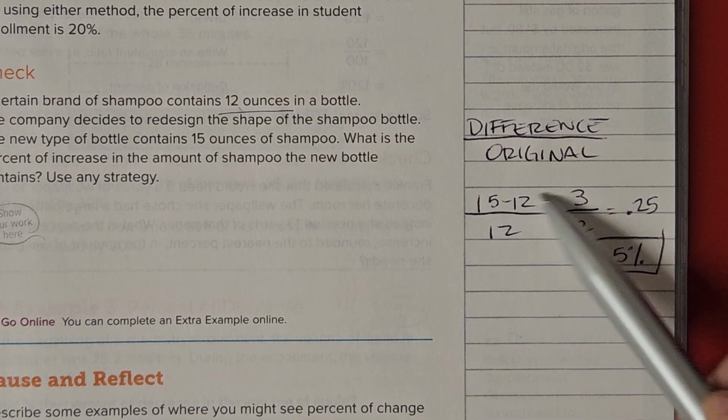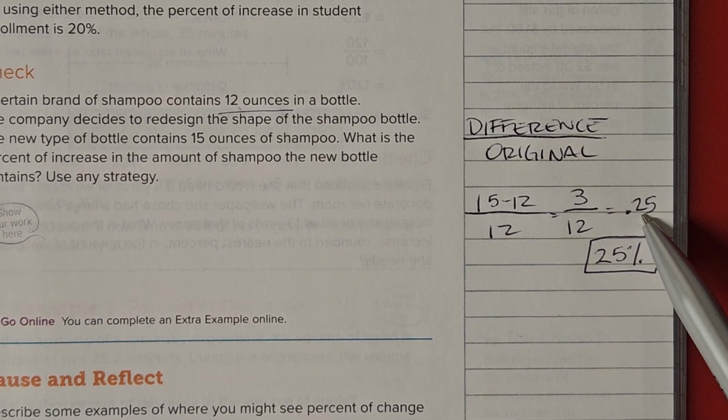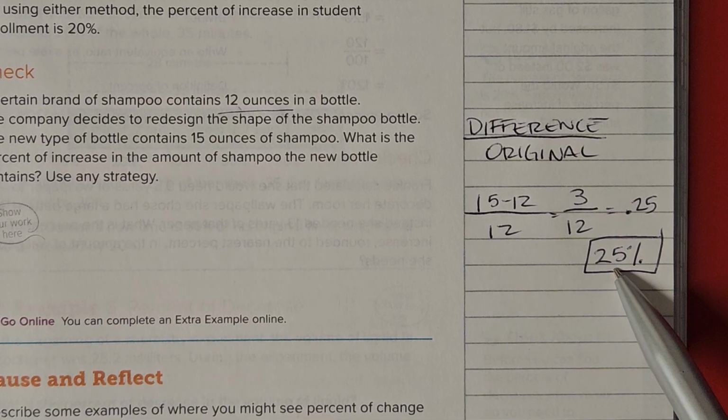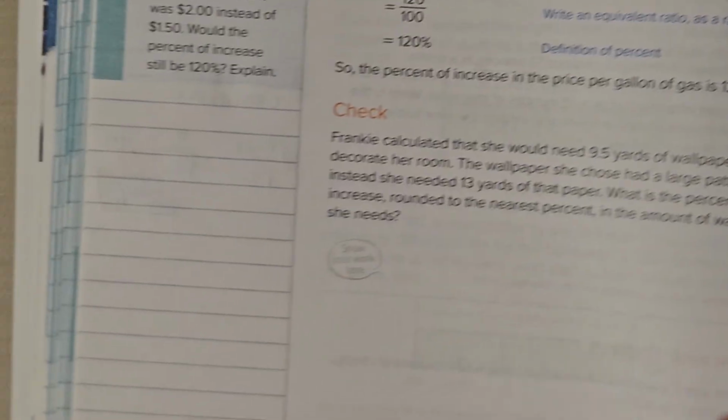The difference, 15 minus 12, was 3, divided by the original 12. 3 divided by 12 was 0.25. 0.25 times 100 is 25%. Difference divided by original.